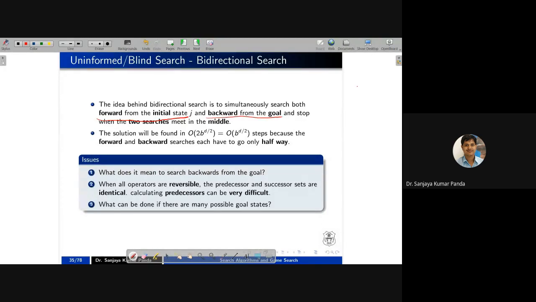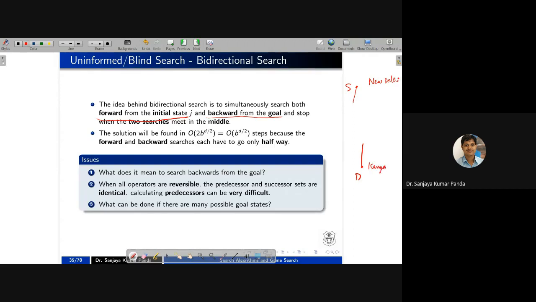Suppose this is your source and this is your destination. You have to start the search from the source as per the previous 5 algorithms. But bidirectional says that you have to start from S, and also from D. For example, one of your friends is at New Delhi and another friend is at Kanyakumari.